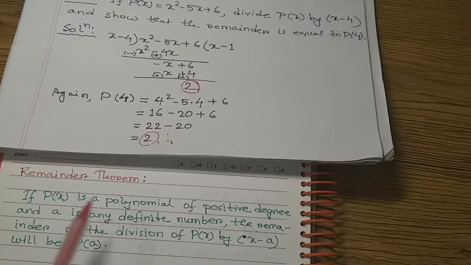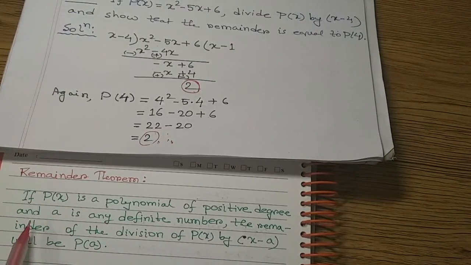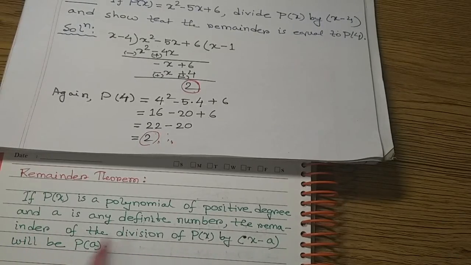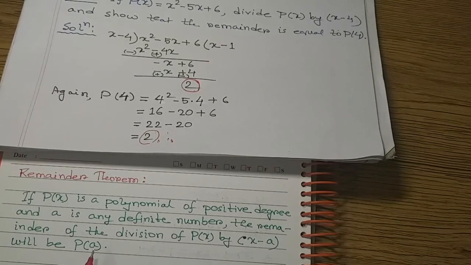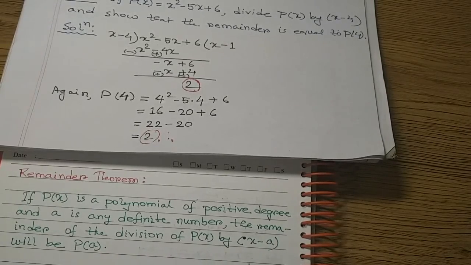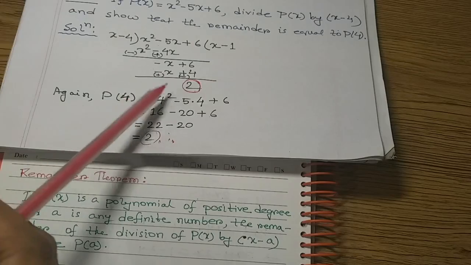The remainder theorem is that if p(x) is a polynomial of positive degree and a is any definite number, the remainder of the division of p(x) by x minus a will be p(a). That means when we divide p(x) by x minus a, the remainder will be p(a). We have already found that in the example discussed previously.